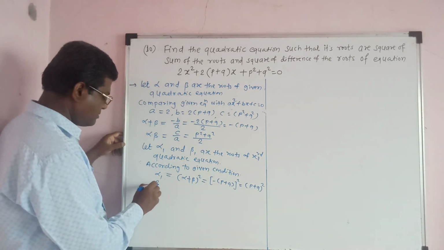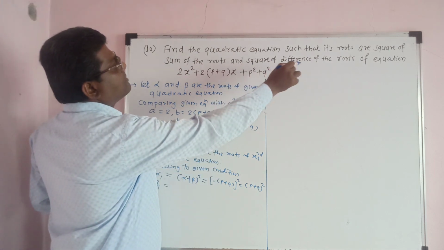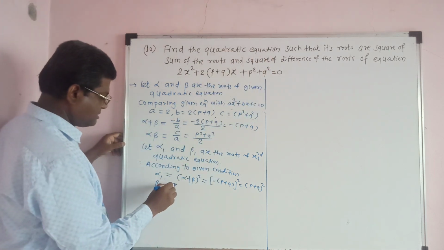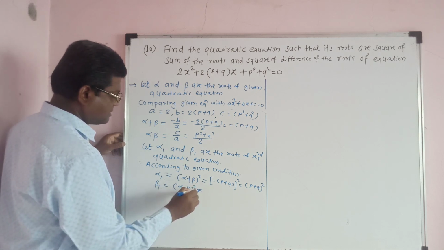And beta 1 is equal to the square of the difference of roots, that is (alpha - beta)².